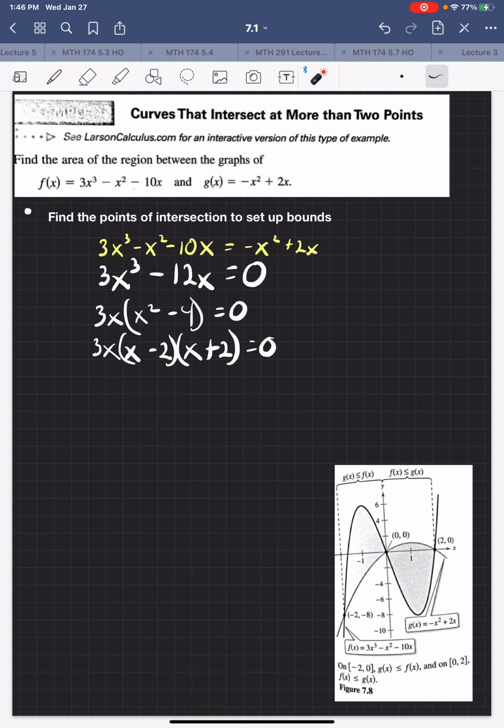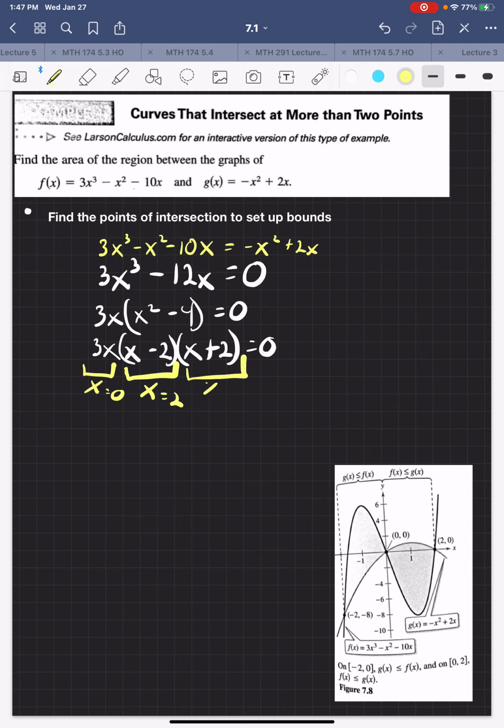Okay. So to find the points of intersection, I'm going to need to know what value of x would make this factor equal 0, what value of x would make this one, what value of x would make this one. So obviously for the first factor, if x is equal to 0, then the whole left side equals 0. For the second factor, if x is equal to 2, the whole left side equals 0.